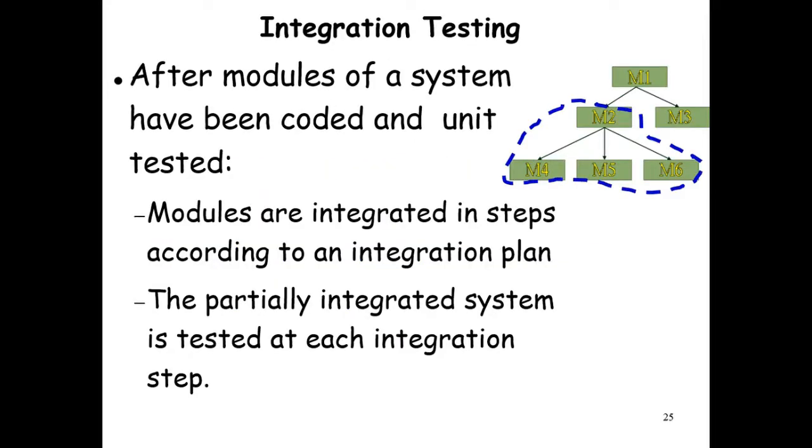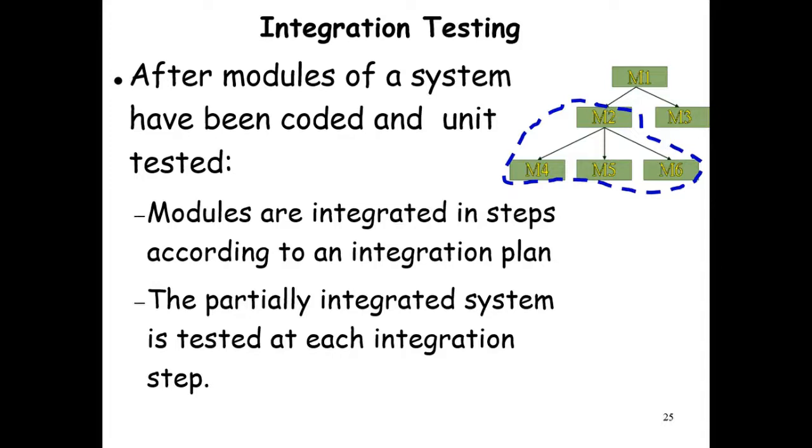So then comes integration testing. Once many of the modules have been designed and unit testing has been done, modules are integrated in steps according to an integration plan, and then the partially integrated system is tested at each integration step.